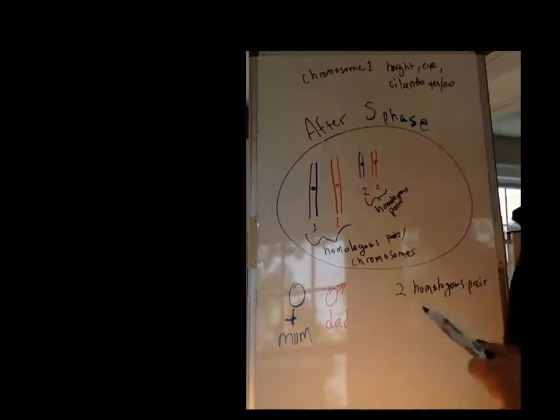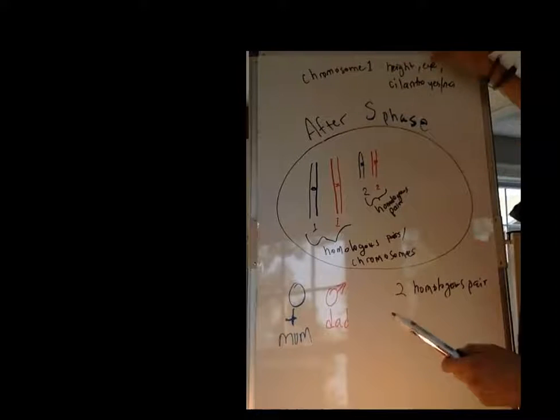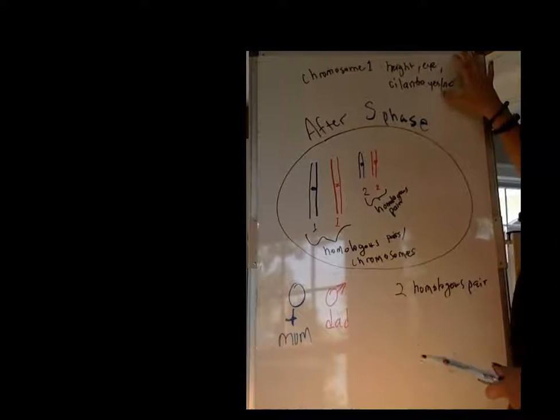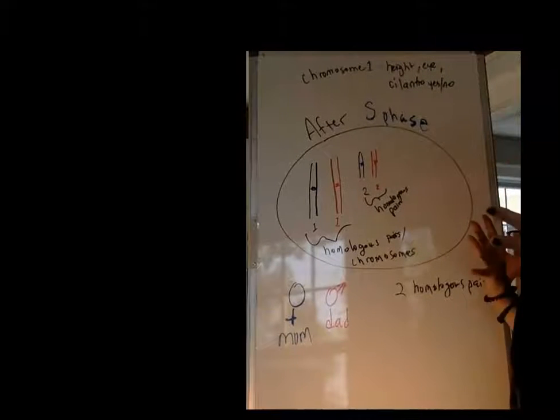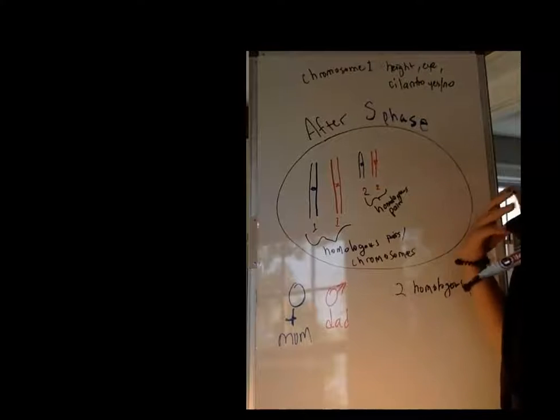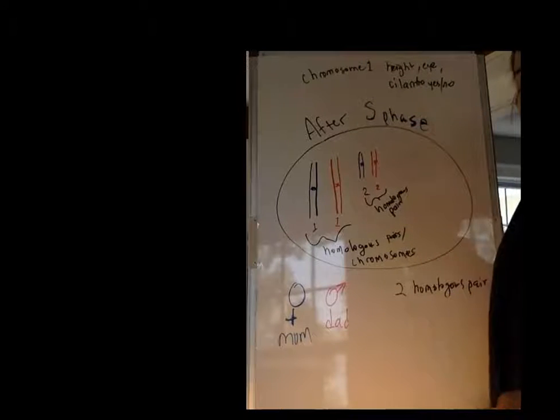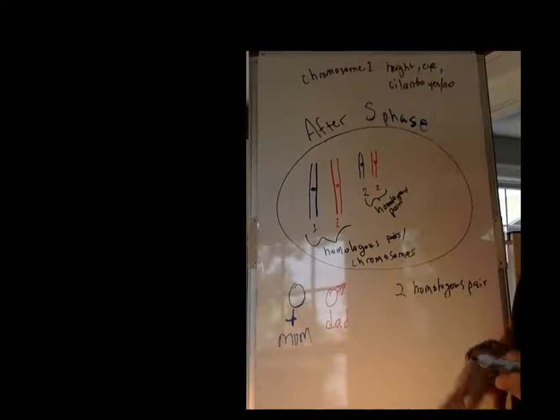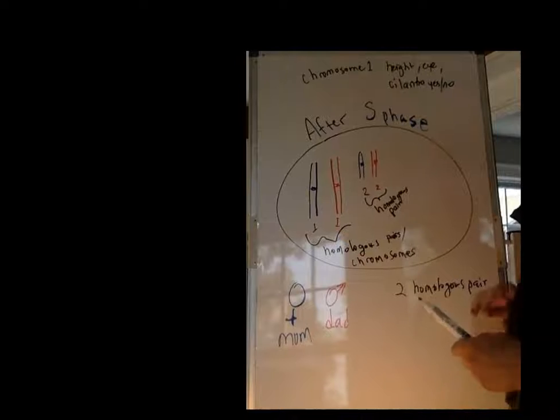Okay, so for these three characteristics, there are multiple what we call alleles, or multiple variations. And we'll talk about that in a couple of classes.